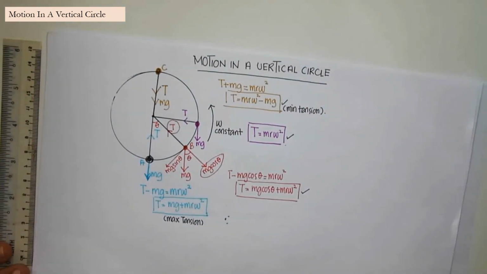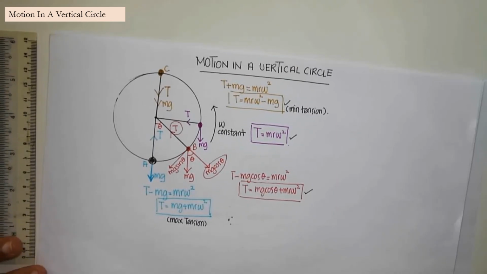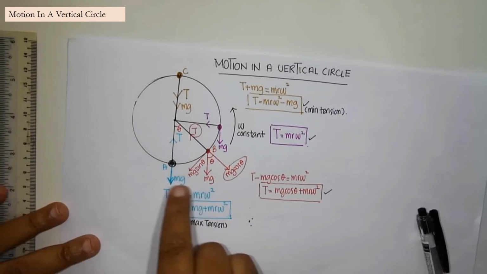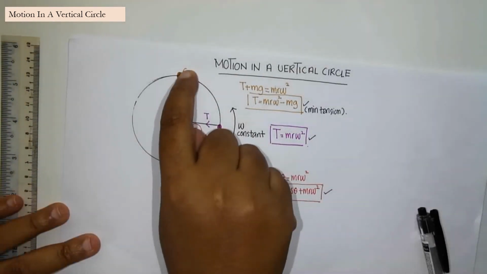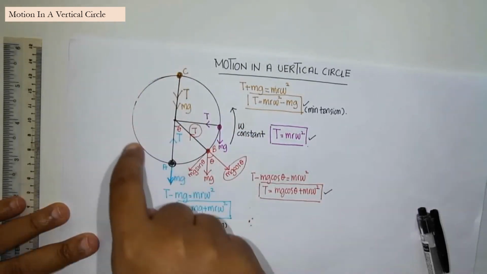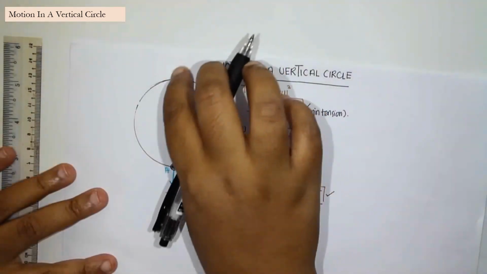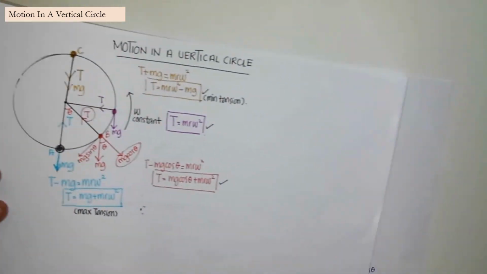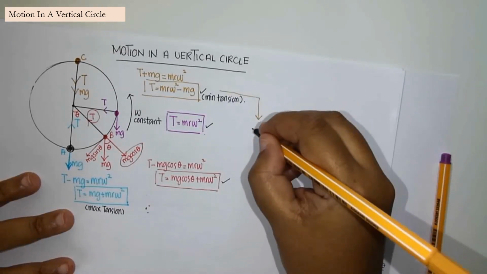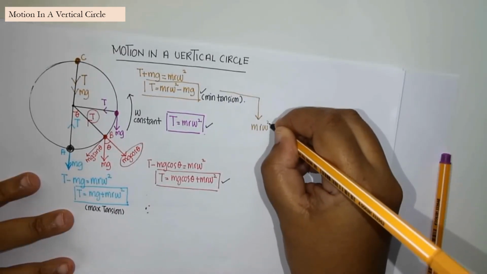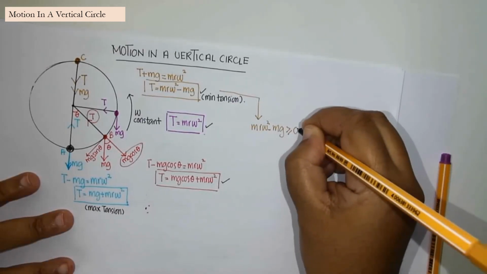Okay. Alright. Now, for the stone to be able to make a complete circle. So now the stone is whirled around, it's going around here. In order for it to come down, to make a complete circle, the tension at C, this T, mr omega square minus mg must be greater than or equal to 0.